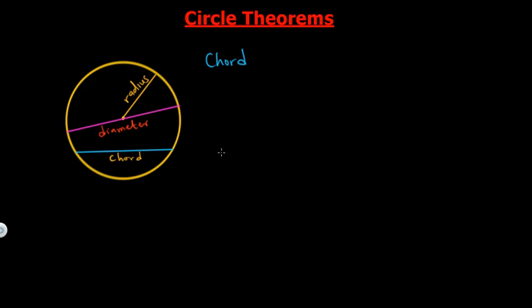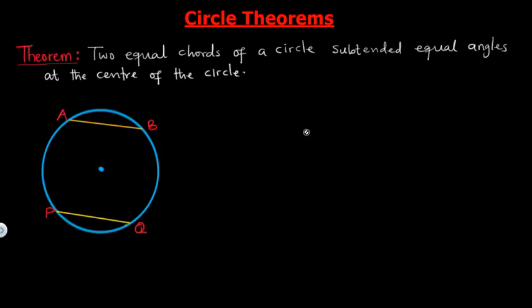So understanding this, we can then move into some basic theorems of a circle. Take a look at this theorem. This theorem tells us that 2 equal chords of a circle subtend equal angles at the center.